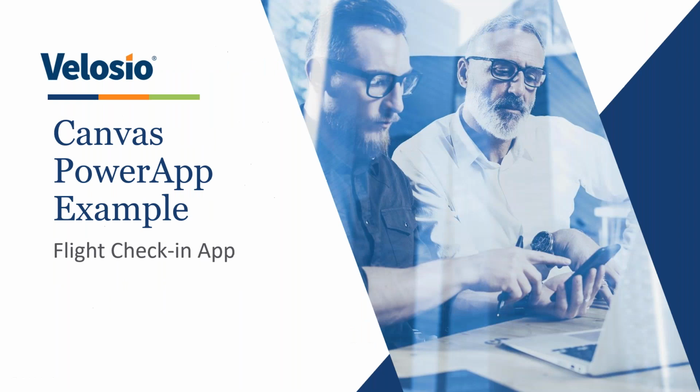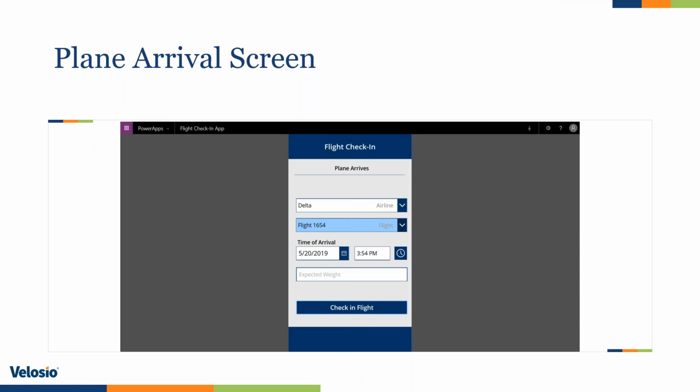I want to show you an example of what a Canvas app might look like. I've got an application that was built for an airline, and this is for individuals who are on the ground. When a flight comes in, they're going to be checking in that plane. You'll see this is the first screen of the app, where we're selecting what the airline is, the flight number, and the time of arrival for this flight.